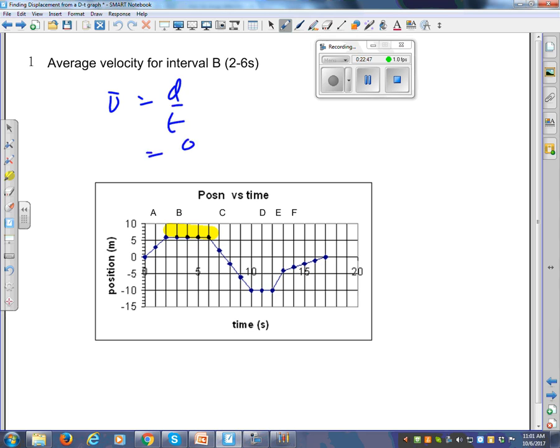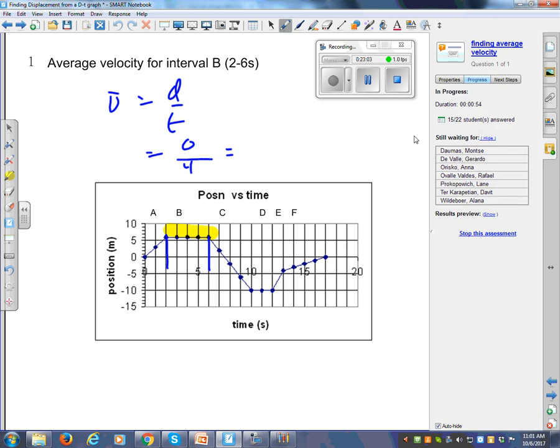So this is going to be 0 divided by? 1, 2, 3, 4. From 6 to 2. 0 over 4. Please, everyone, get it right. 0 divided by 4.